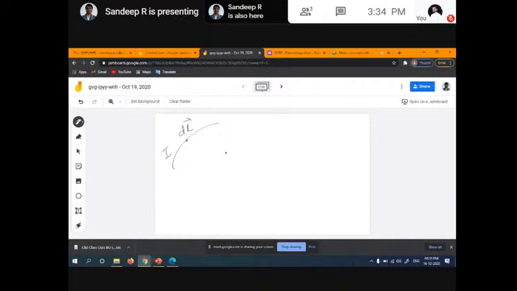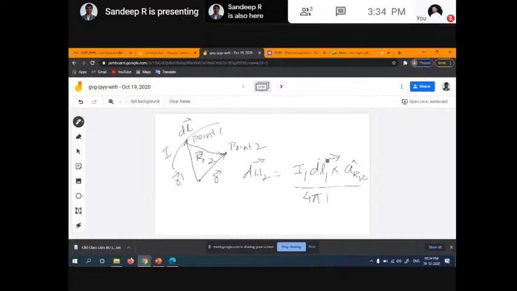Then using the Biot-Savart's law, I can write dH2, that is the differential magnetic field intensity at point 2 due to the differential current element I1 dl1, as I dl1 cross unit vector a r12 divided by 4 pi r12 squared.